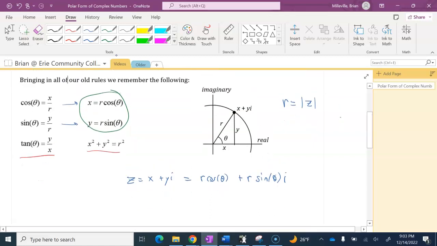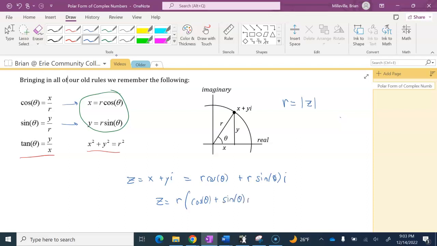We can also factor out r, so another way to write this is r times the quantity cosine of theta plus sine of theta times i. Sometimes the i is written after, like I've done here. Other times you might see the i written in front of the sine. So that is the polar form of the complex number z.